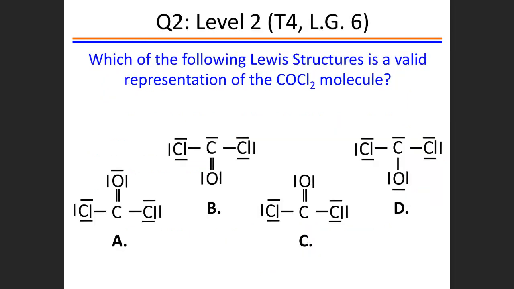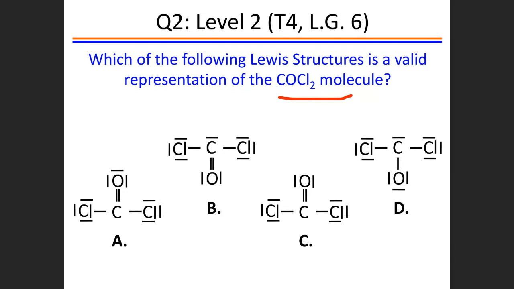Now, which of the Lewis structures is a valid representation for the COCl2 molecule? Let's count it. Here, if we see COCl2, carbon here seems 2, 4, 6, 8. But how about the oxygen? Oxygen seems 2, 2, 4, 6, 8.